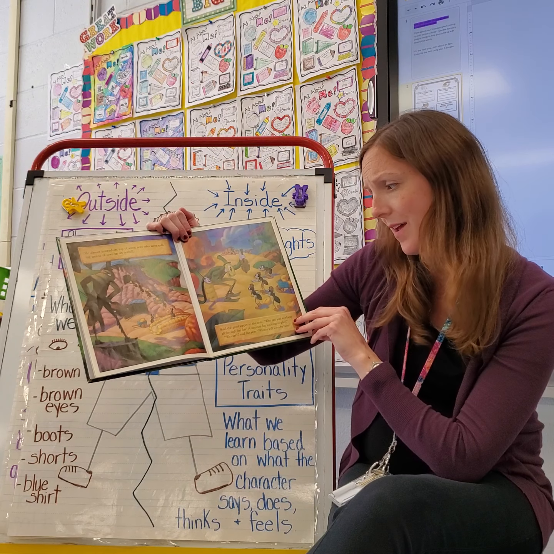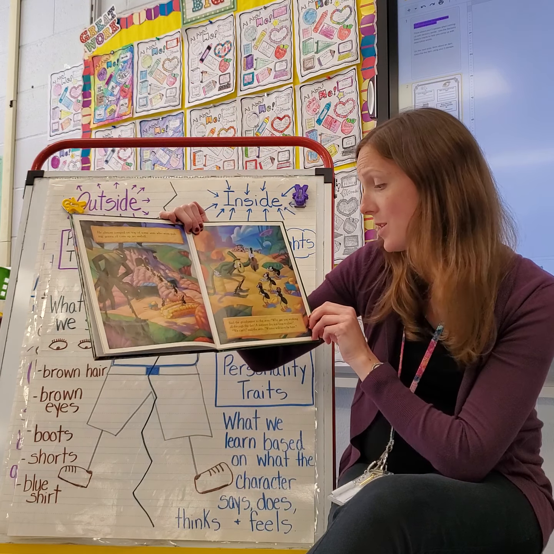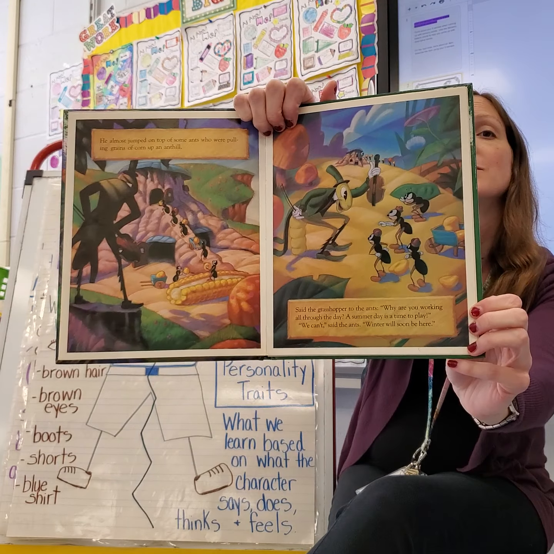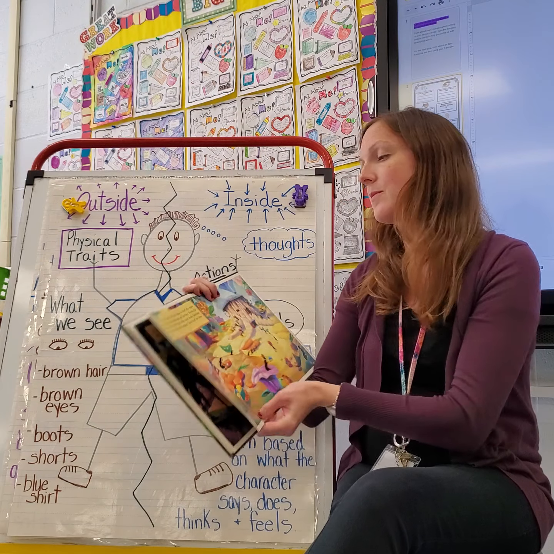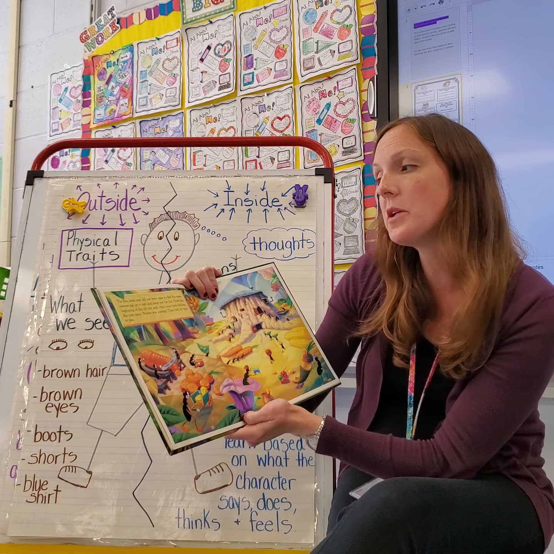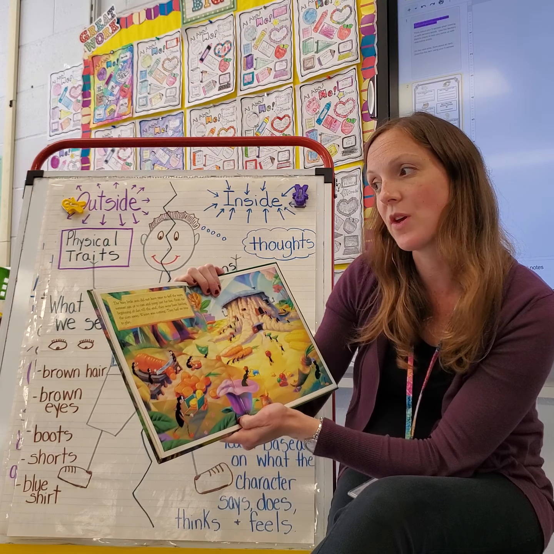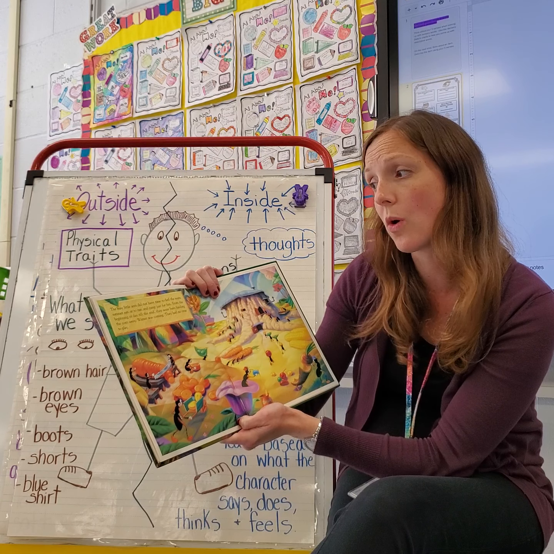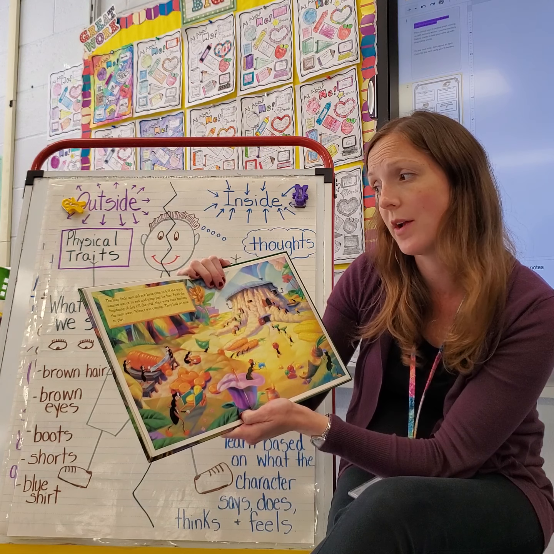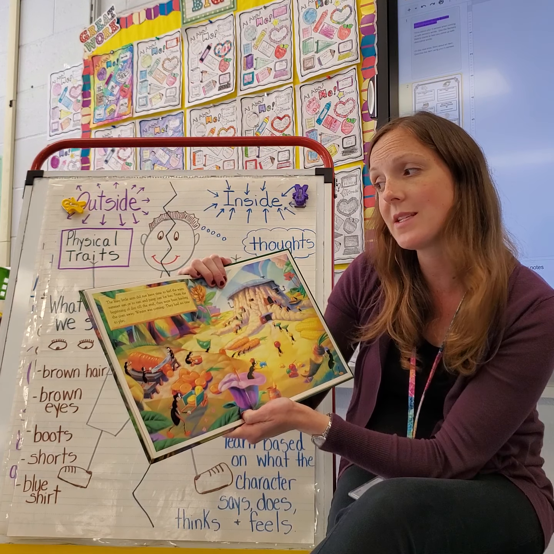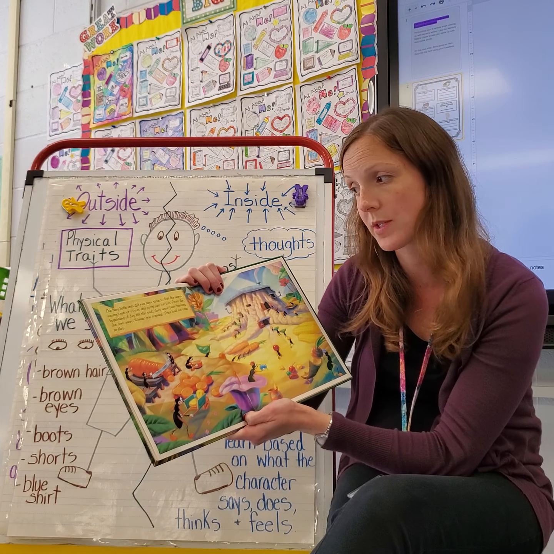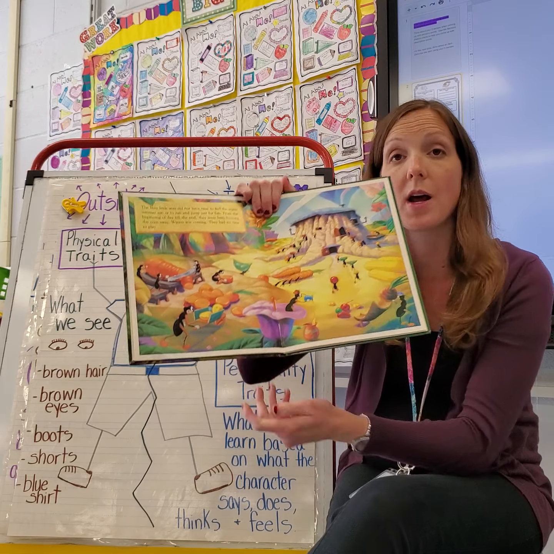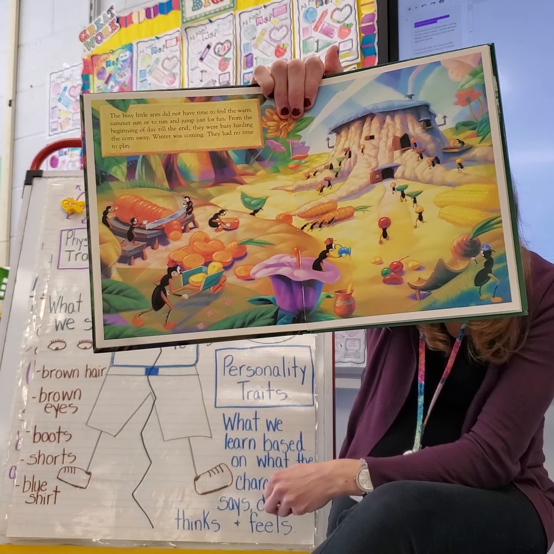"We can't," said the ants. "Winter will be soon here." The busy little ants did not have time to feel the warm summer sun or to run and jump just for fun. From the beginning of the day till the end, they were busy hauling the corn away. Winter was coming. They had no time to play.